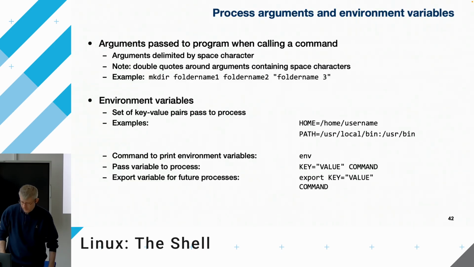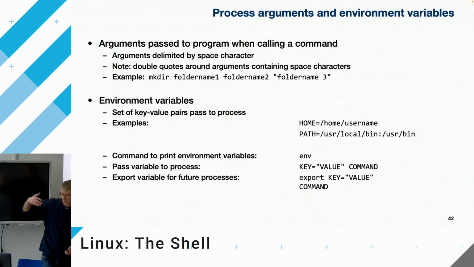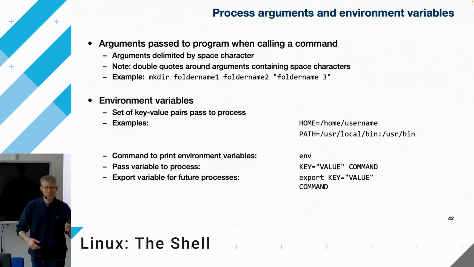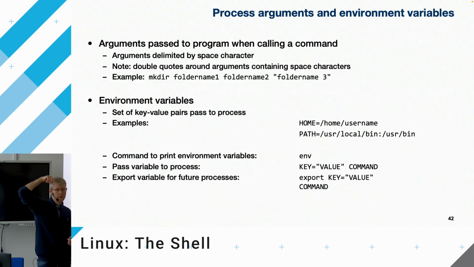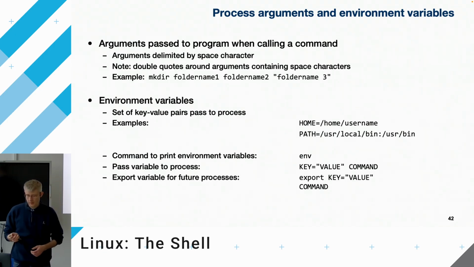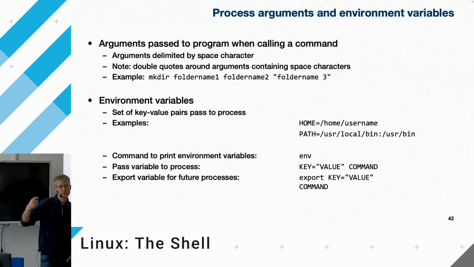So why is this important? This is how to give more configuration and more arguments to a program, which is not a normal argument. So we just saw that we have this way to pass arguments to a program, and we have these environment variables to pass more information to a program.